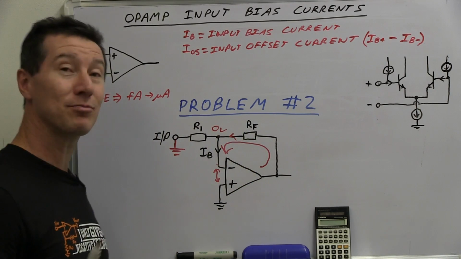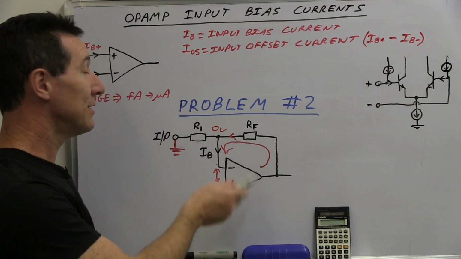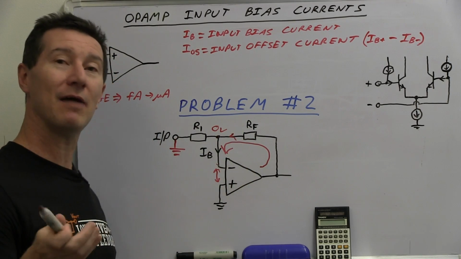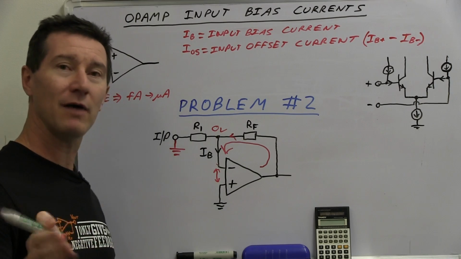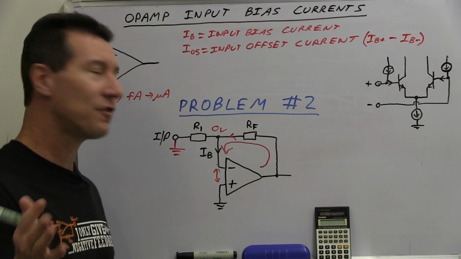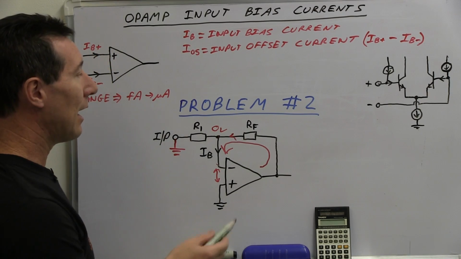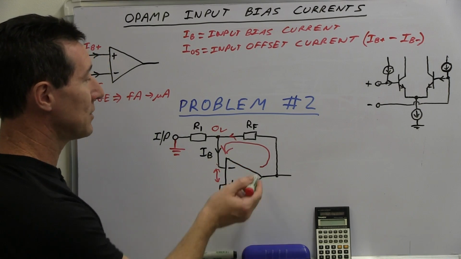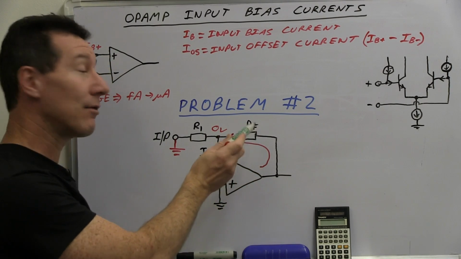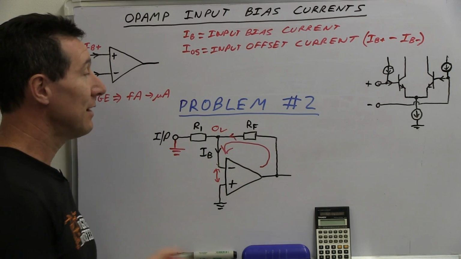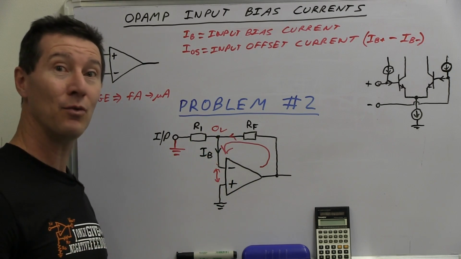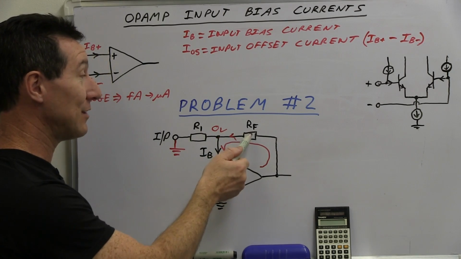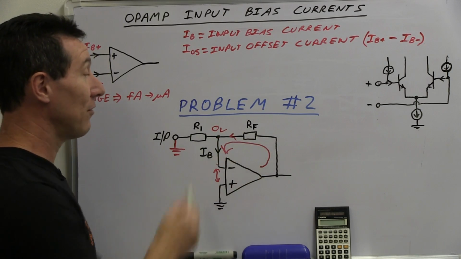And you might see the problem already. Usually on an op amp you're going to have some sort of gain, times 5, 10, 50, 100, even 1,000, depending on your circuit application. Well, that means RF, your feedback resistor, has to be a large value. What do you get when you have a large value resistor with a current flowing through it?